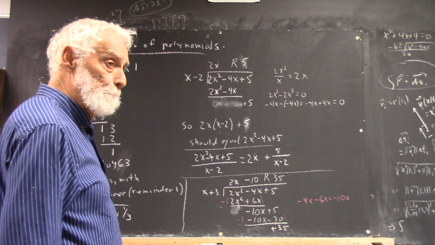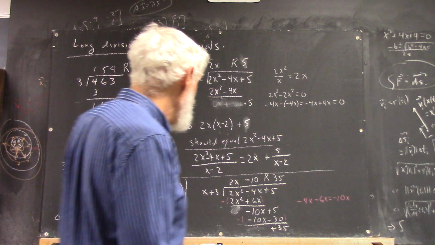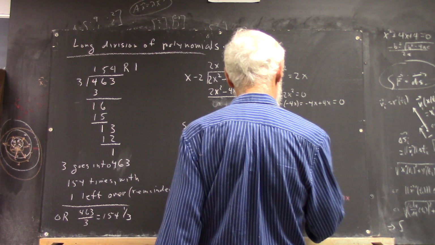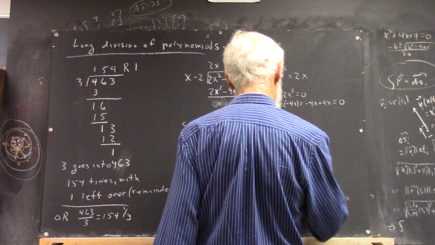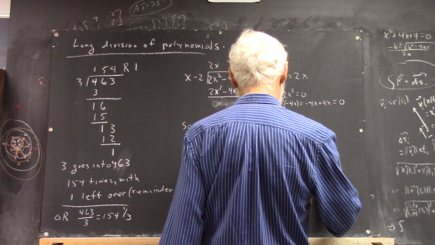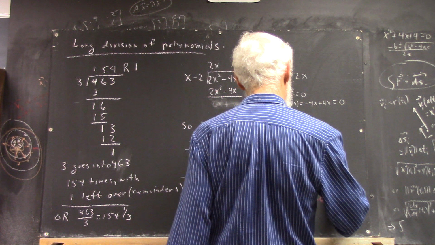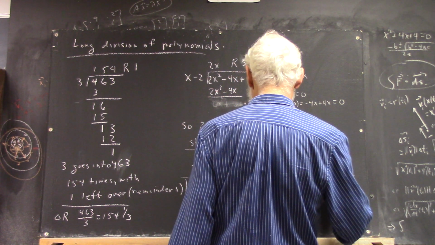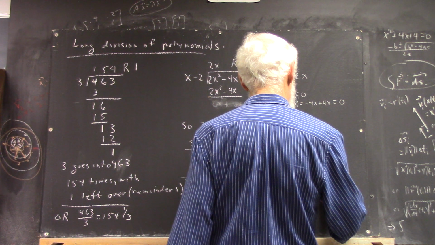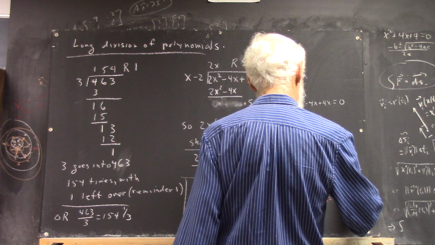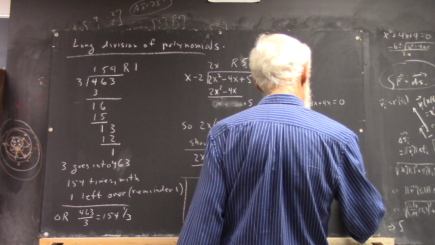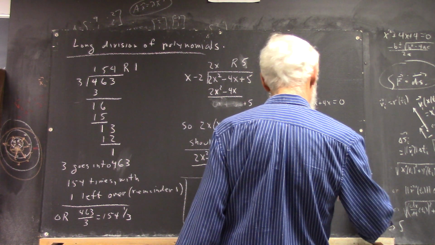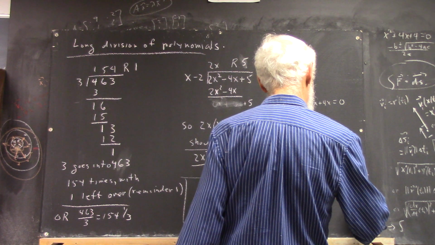Okay? Thus, (2x squared minus 4x plus 5) divided by (x plus 3) equals 2x minus 10 plus 35 over x plus 3.